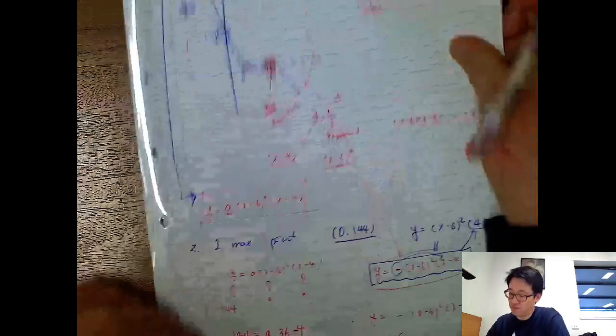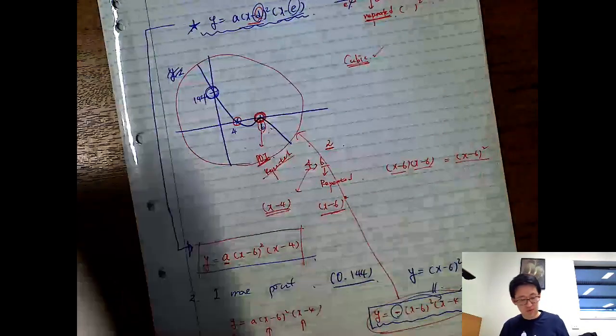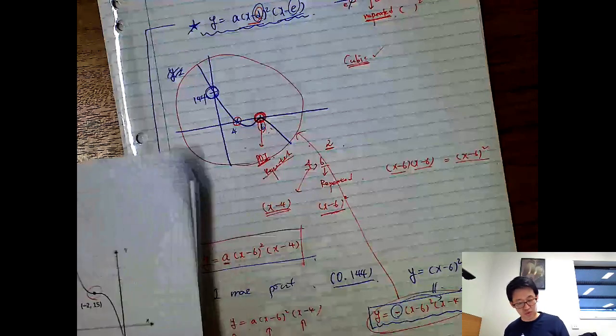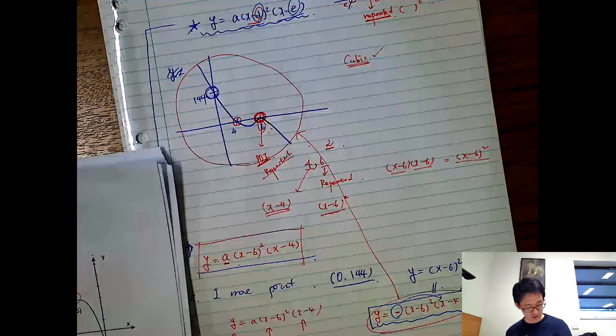Same thing. That's all good. So I covered the second part, type 2, which they don't have here.